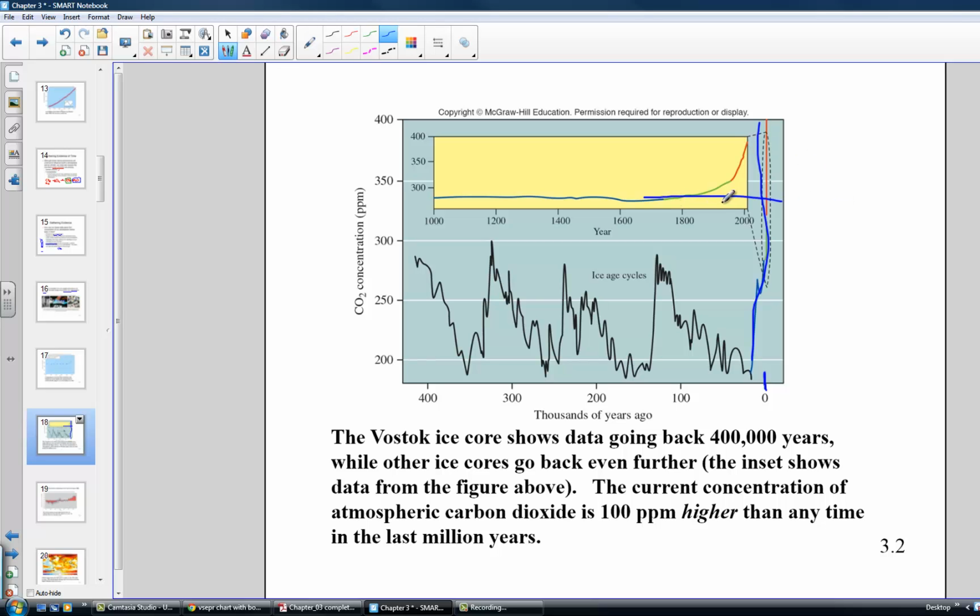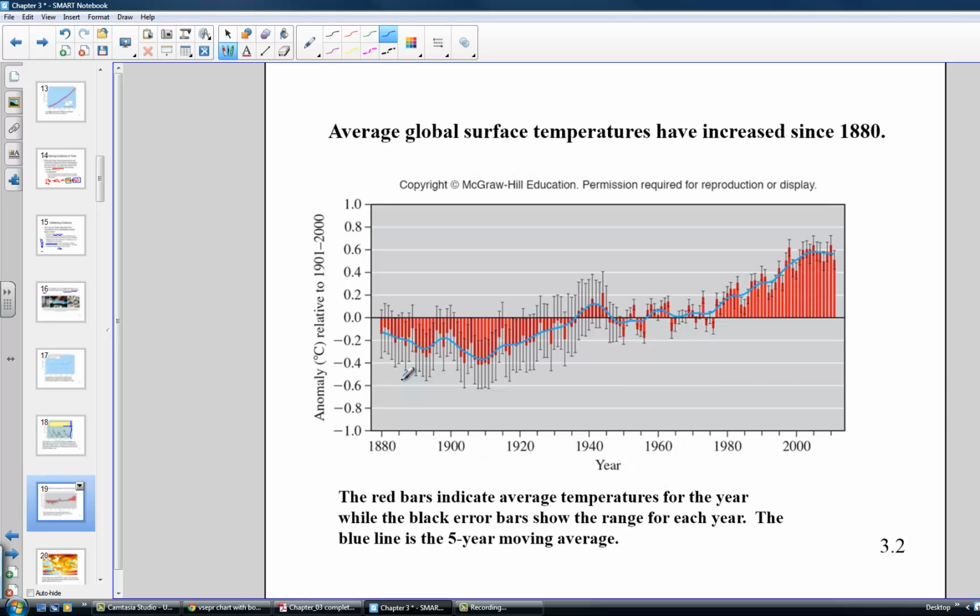What's been going on since 1800 to the present day? What's been going on that wasn't going on prior? And certainly we can all agree that it's man-made activity. It's our industrial age, it's the burning of fossil fuels, all of those things we do that contribute to a carbon footprint in the atmosphere that contributes to greenhouse gases and the warming of our environment.